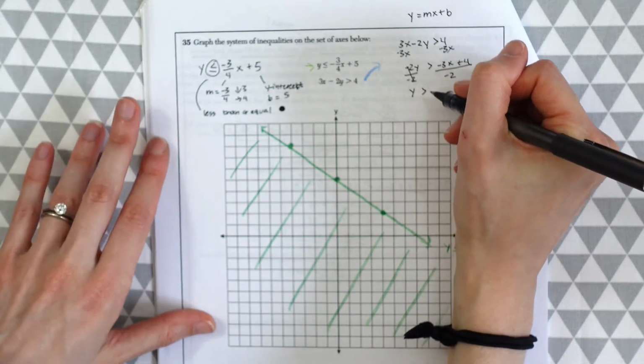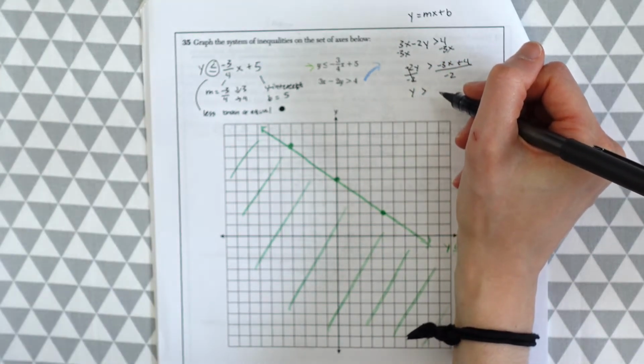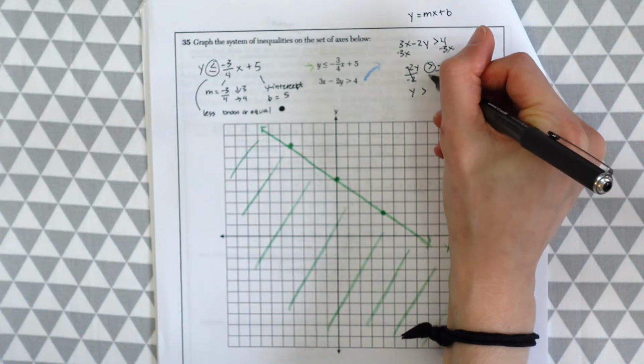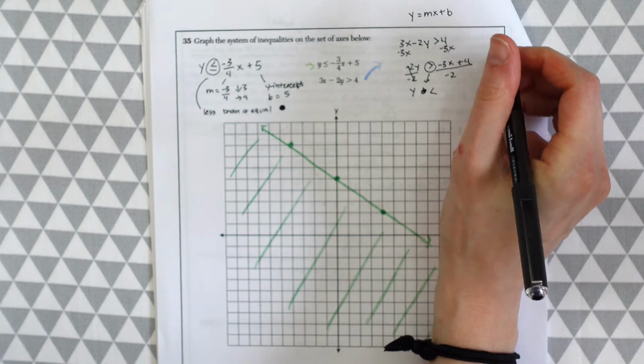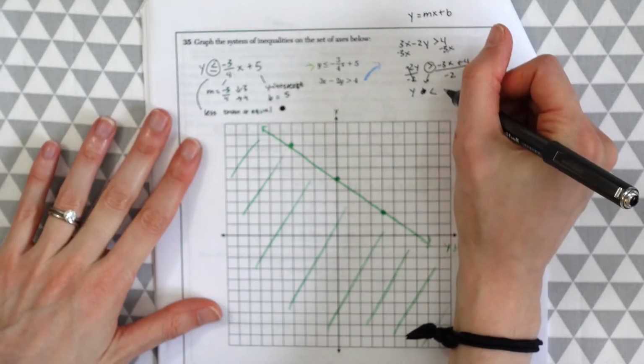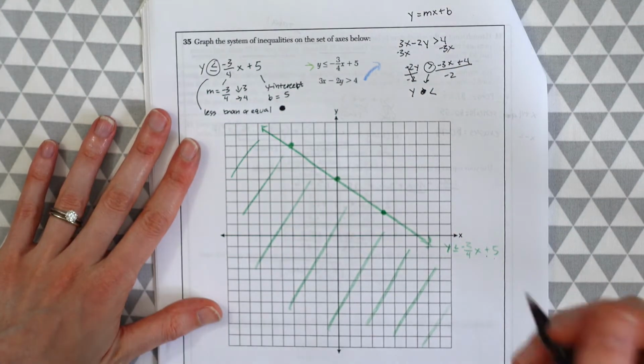Actually, we're going to flip this inequality sign. Notice we're dividing by a negative here. Because we're dividing by a negative, we're actually going to make this less than. That is an important rule when you're working with inequality.